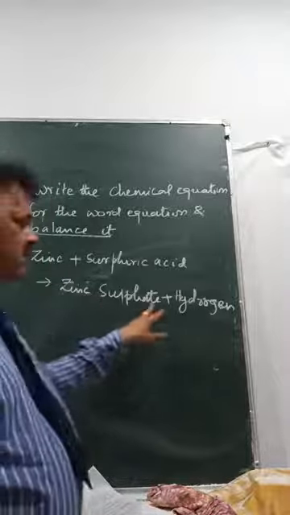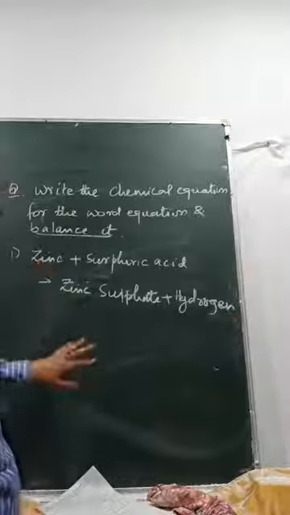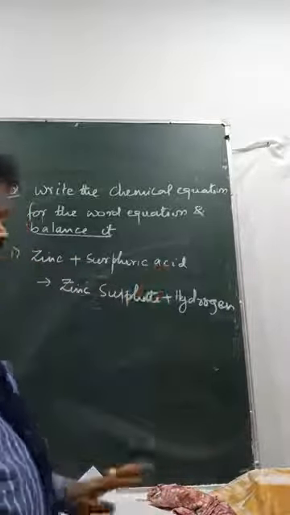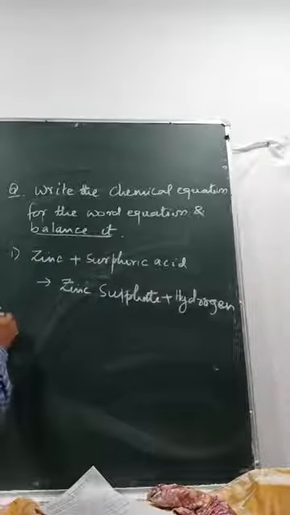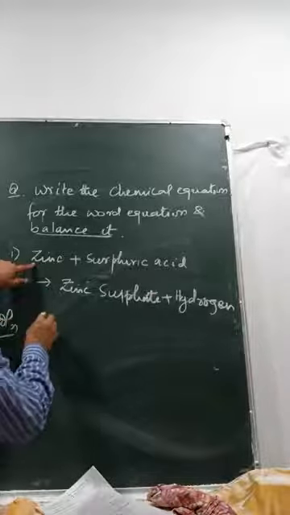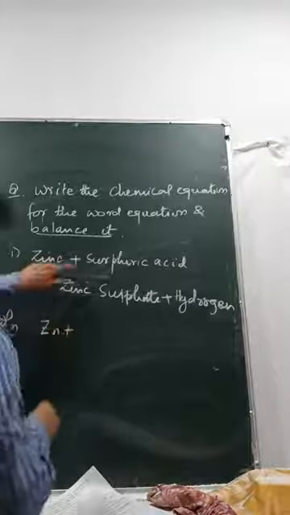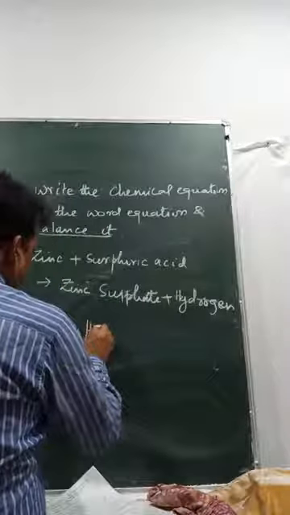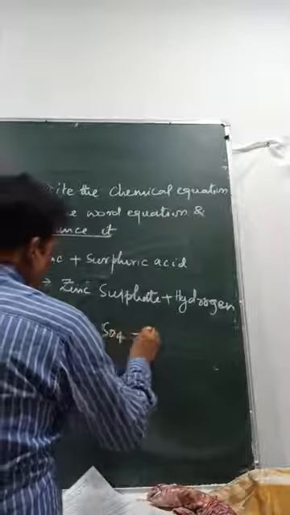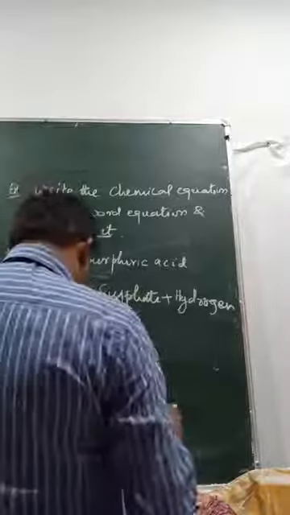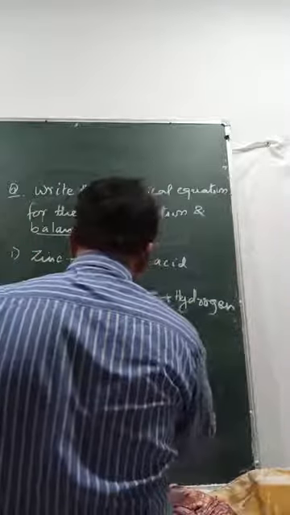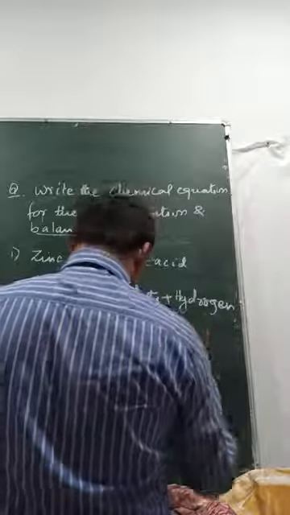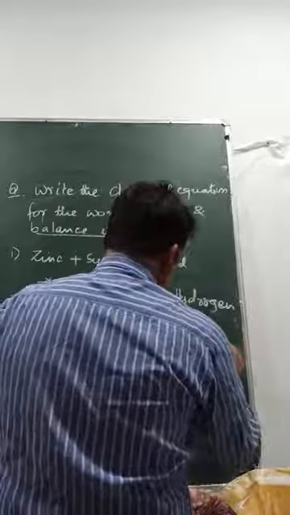For the time being, let's write its chemical formula and balance it. Zinc is Zn, sulfuric acid is H2SO4, gives you zinc sulfate, ZnSO4, plus hydrogen, and it is in the molecular form, H2.